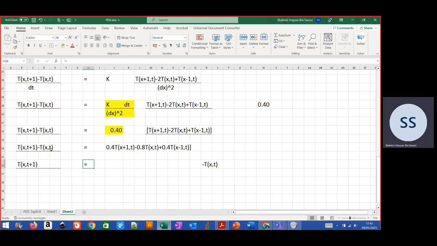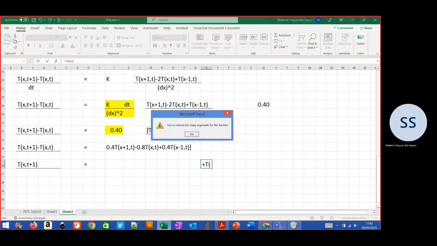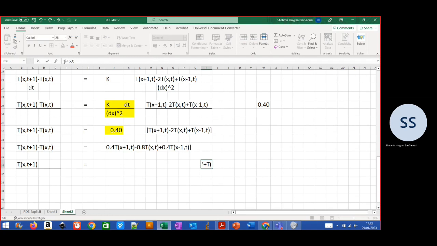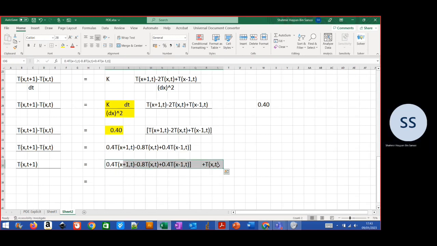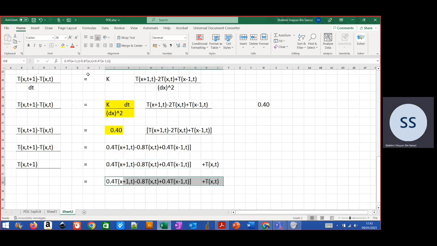Since negative Tx T we bring to the right will become positive, this plus this, you can simplify negative 0.8 Tx T plus 1 Tx T becomes 0.2 Tx T. So our explicit finite difference equation would become negative 0.8 plus 1 is plus 0.2.